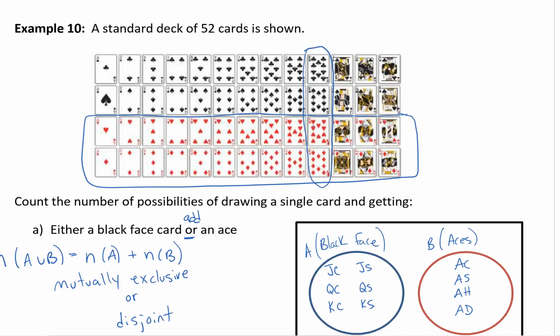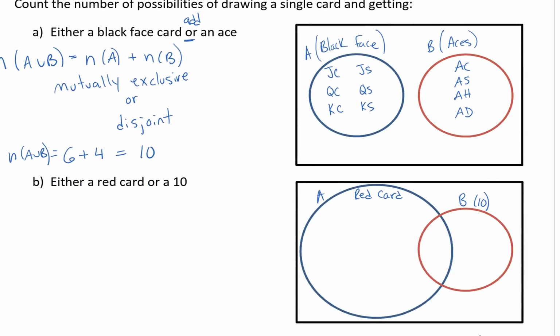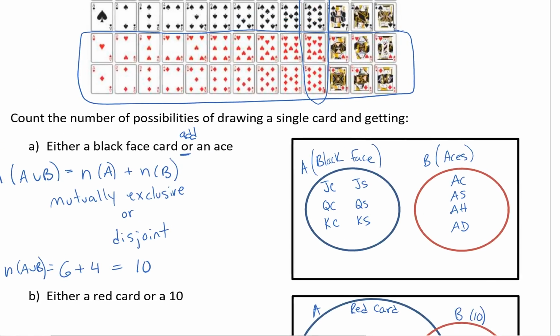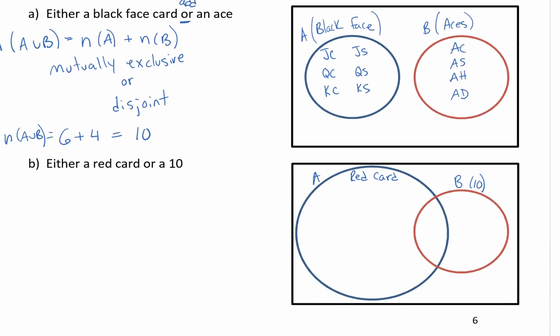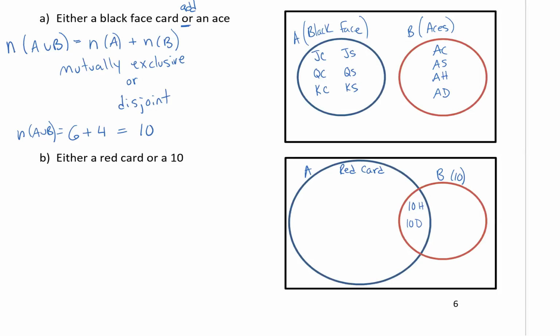And just doing that, you can see, if I count those, these 2 red cards get double counted, right? They get counted as red cards, and they also get counted as 10s. And that's what goes in my overlap here, the 10 of hearts and the 10 of diamonds, right? The other 10s that we have are the 10 of spades and the 10 of clubs.